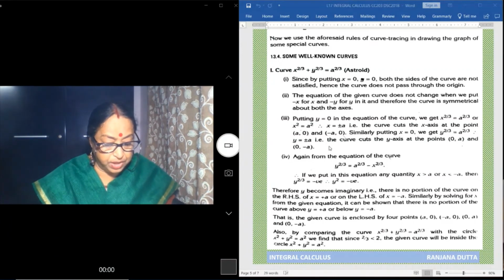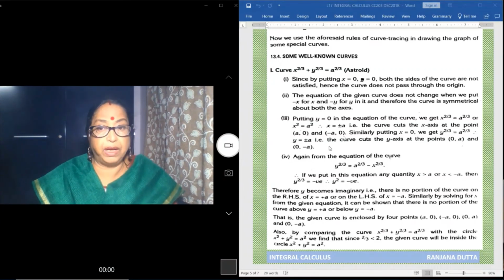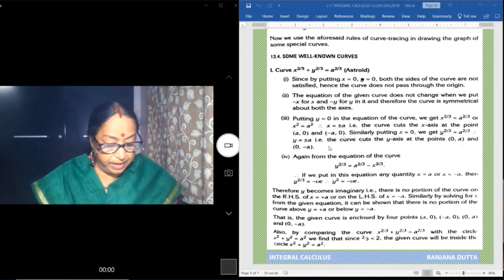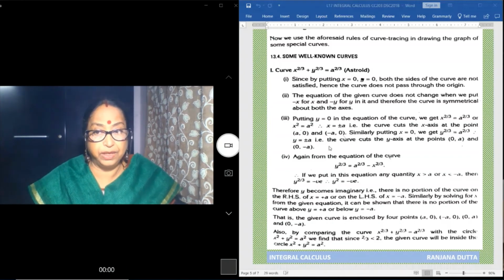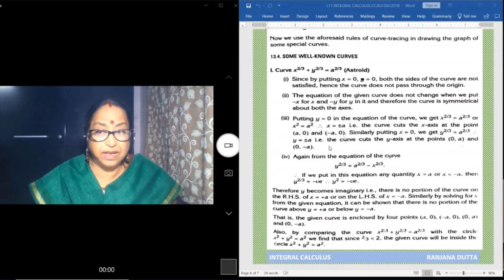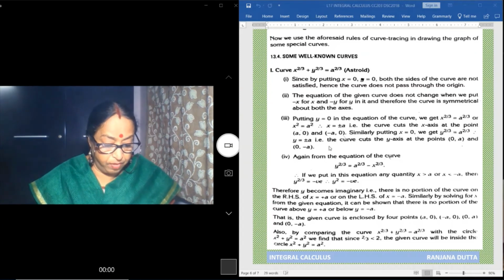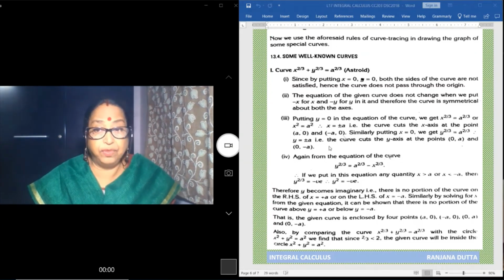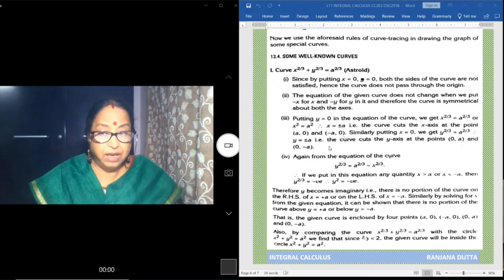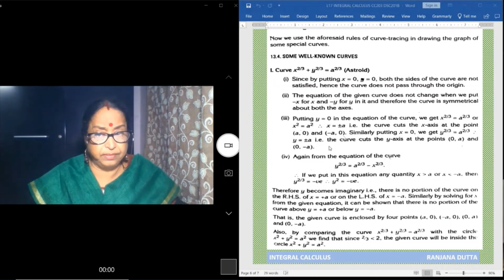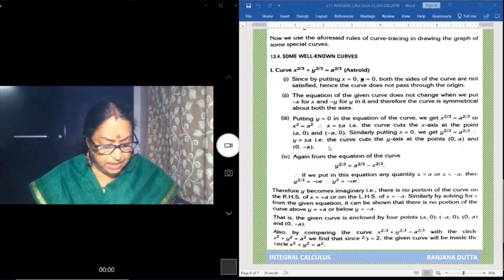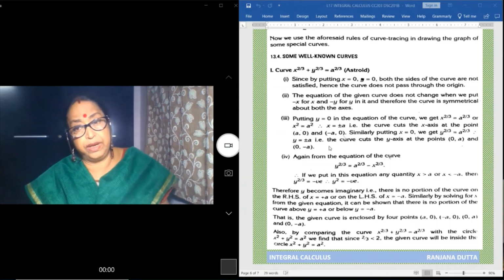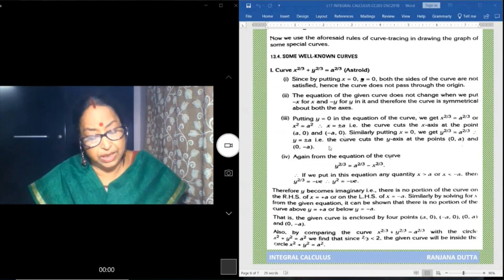Again, from the equation of the curve, y to the power 2 by 3 is equal to a to the power 2 by 3 minus x to the power 2 by 3. If x is greater than a, then y to the power 2 by 3 will be a negative quantity, and then y square is equal to a negative quantity, and the root of a negative quantity will be imaginary.